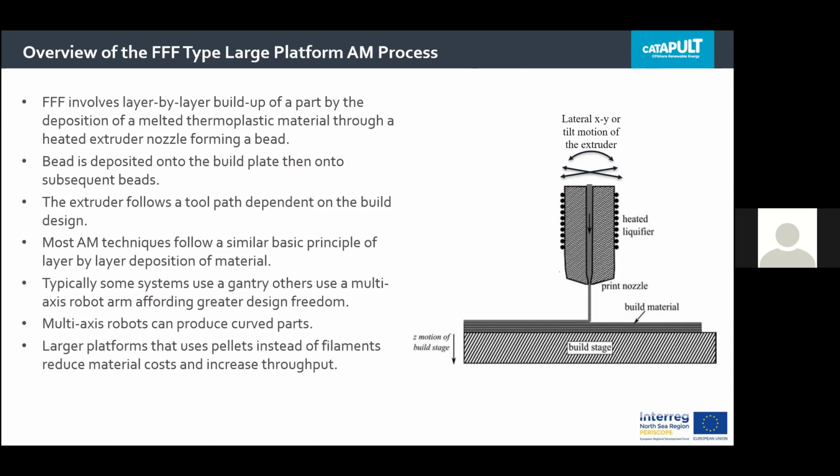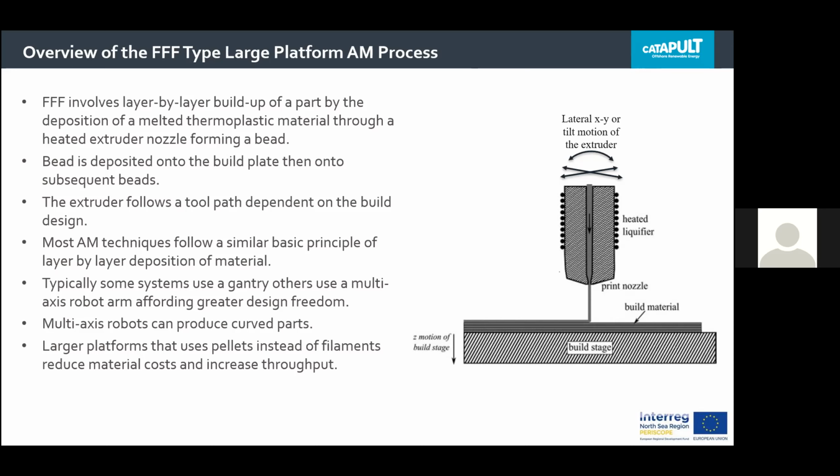In general, most additive manufacturing processes involve some kind of layer by layer build up of the part in the upwards direction, in the Z direction. The extruder melts thermoplastic material, and then you get a layer by layer deposition of a bead, or a road as it's sometimes called, and as the beads get built up, the part builds up in the Z direction.